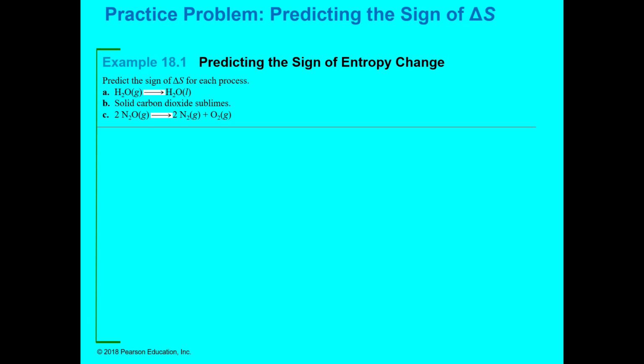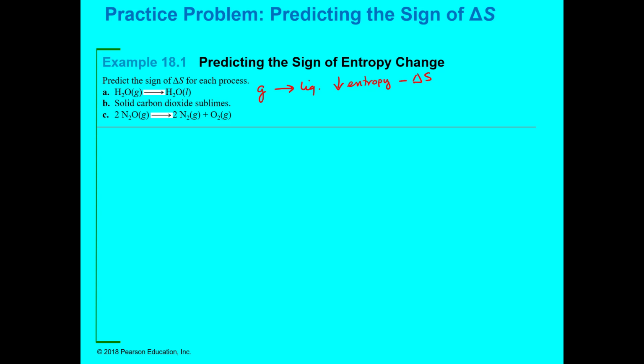Okay, so in this one, we're going from a gas to a liquid. Okay, and so gases are less ordered than liquids. So when we get to the liquid, we'll have a decrease in the entropy, or a negative delta S. Next, solid carbon dioxide sublimes, this is dry ice, right? And you see it wafting into a gas, right?